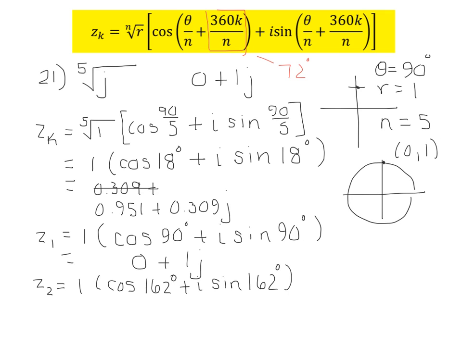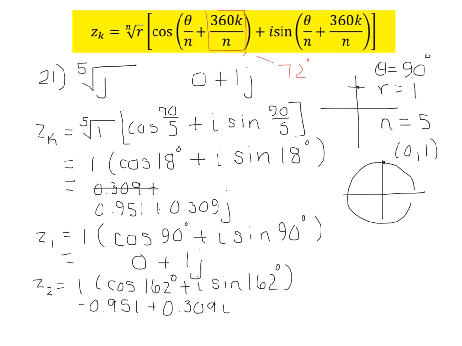The cosine of 162 degrees is negative 0.951. The sine of 162 degrees is 0.309. I or j. There's my third fifth root of j.